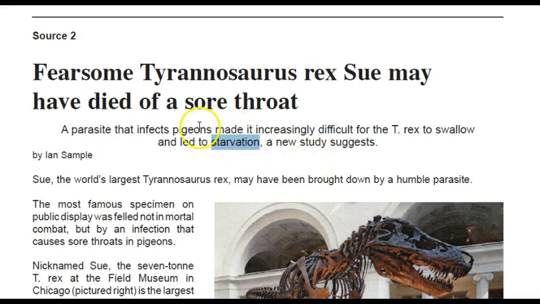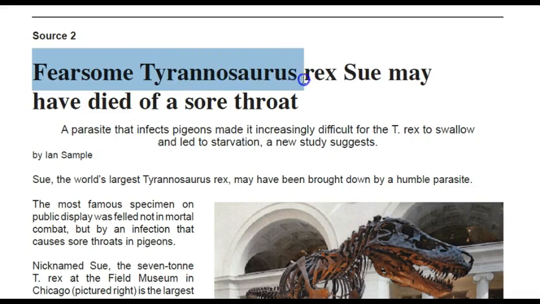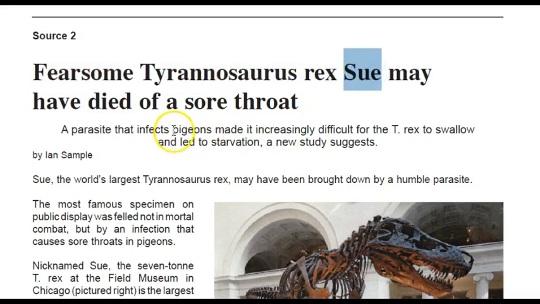So now we've suddenly got this fearsome Tyrannosaurus rex, who's got an unusual name called Sue, linked to a small, common, uninteresting bird, a pigeon. And then again, that fascinates me and makes me want to read on. Have a look at the use of alliteration as well, with sore, Sue, starvation and swallow, and that attracts the reader as well.